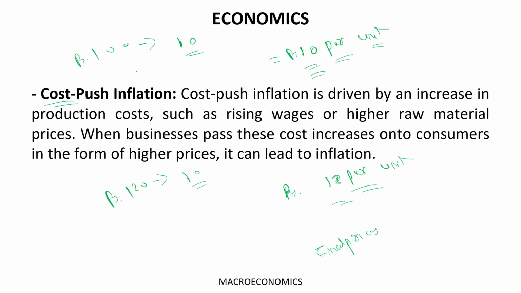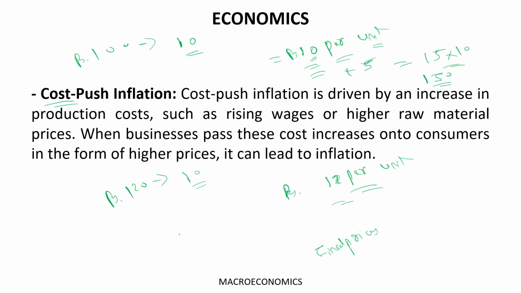Okay, just suppose rupees 10 was the per unit cost and rupees 5 was the per unit profit, and I was producing 10 units, so 150 was the final price including my profit.